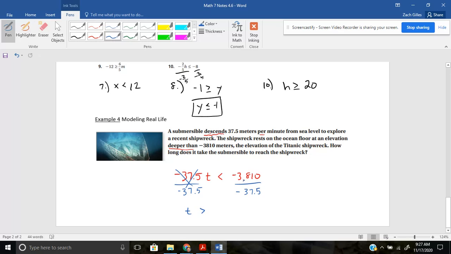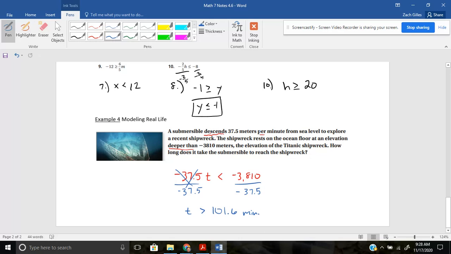And then if you divide 3810 by 37.5, you should arrive at 101.6, and that's minutes. So if we were going 37.5 meters per minute, it would take us 101.6 minutes to get to 3810 meters below sea level.